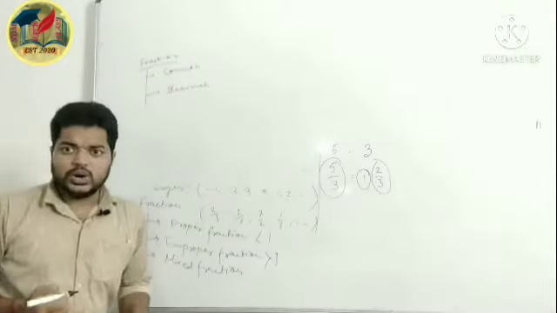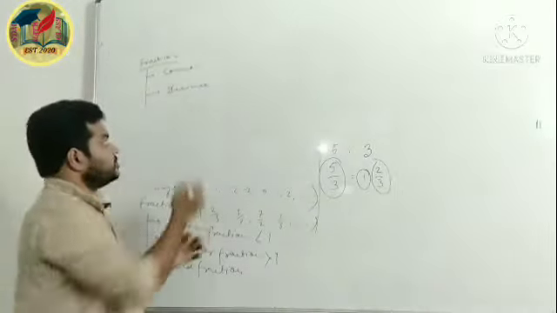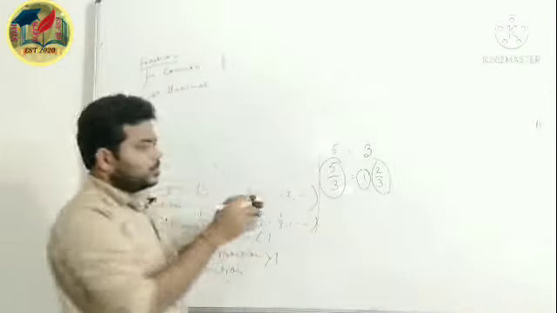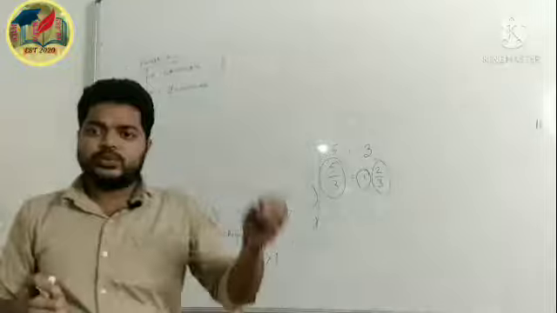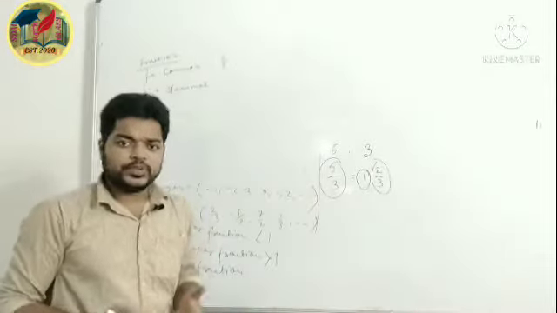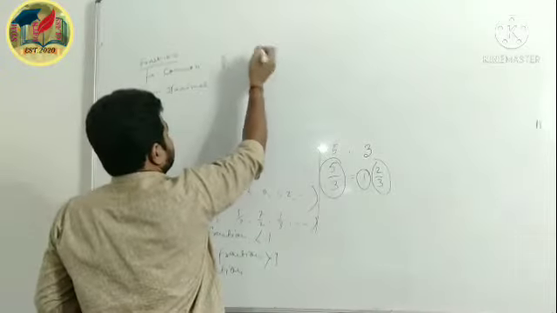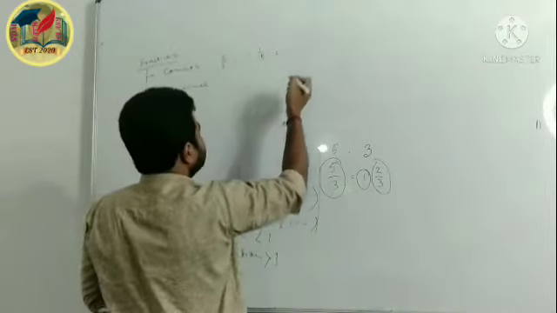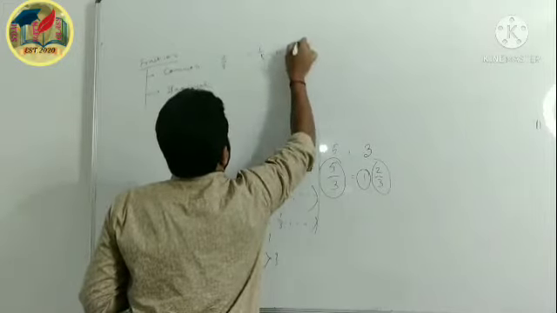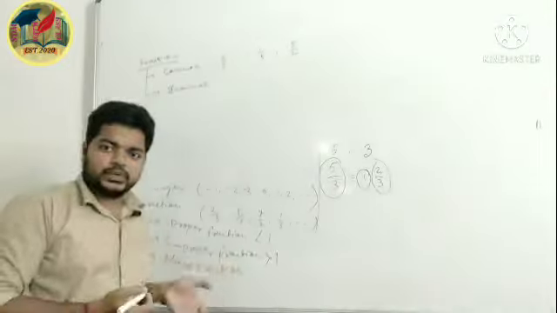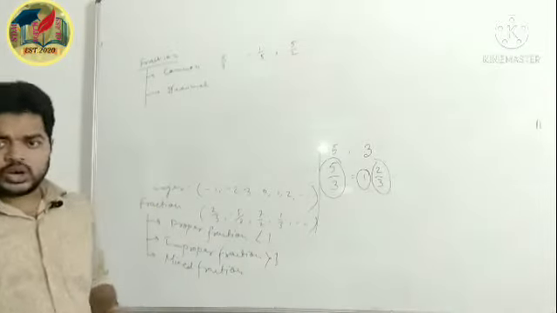What is a common fraction? A common fraction means 2 by 3. This is a common fraction. In a fraction, if there is a numerator and a denominator, then we can say this is a common fraction. If we consider minus 1 by 5, this is a negative common fraction, and 5 by 2 is also a common fraction. Clear? All proper and improper fractions are common fractions.